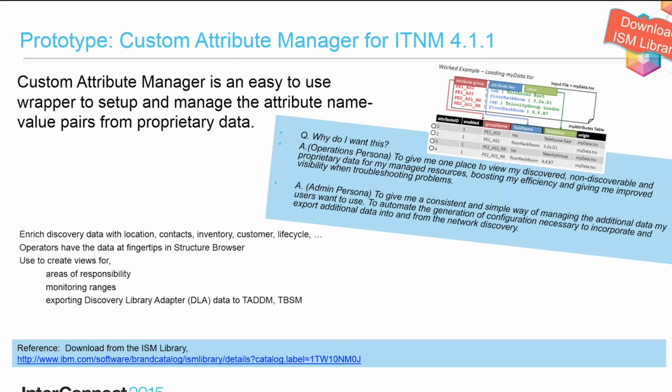Basically, it takes a lot of the custom work out of building this system. It makes it a lot easier to not only customize and get that data into the system, but also manage it over time. There's more information from the link at the bottom of the slide. So next slide, please.